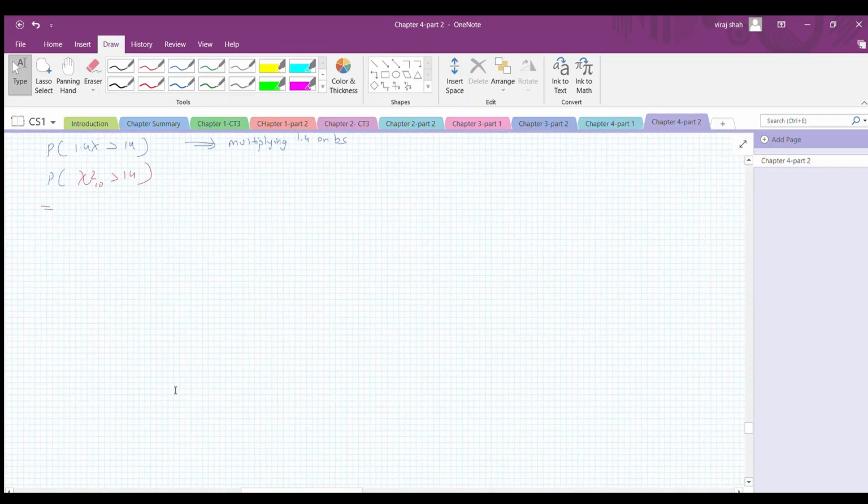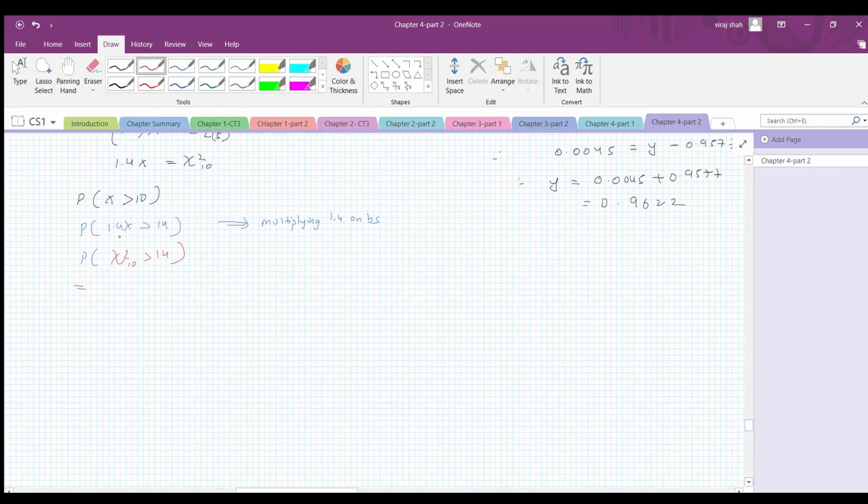And this is my less than table, so I need to take care.